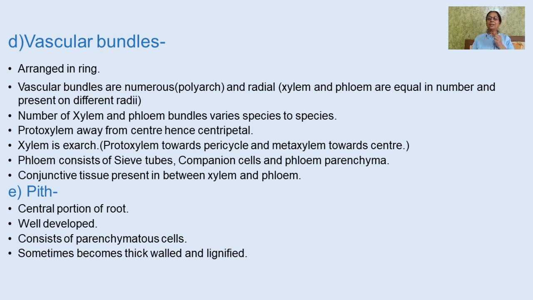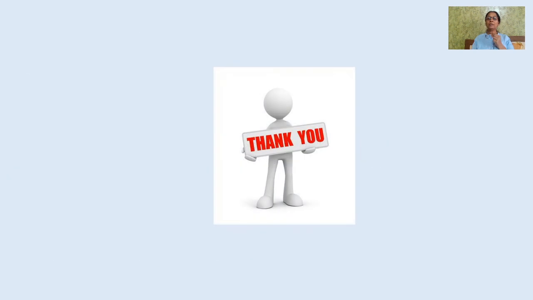Now, in the center there is the pith, which is placed centrally, is very well developed, and consists again of thin walled parenchymatous cells. Sometimes, very rarely, lignified thick walled cells may be present in the pith region. So, thank you. With this we conclude this topic. Thanks once again.